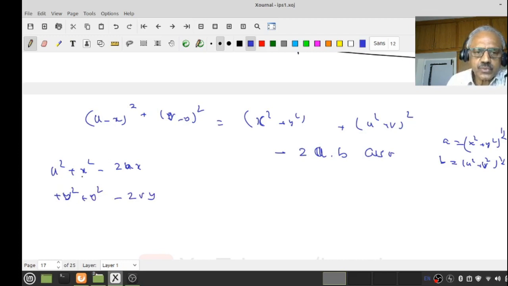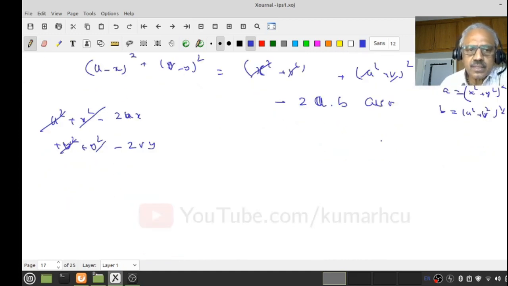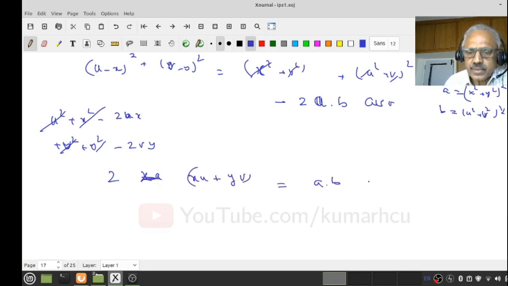So you can see x squared is common here, u squared is common, and y squared goes, v squared goes. Therefore what do I get? I get 2 times (xu plus yv) equal to 2ab times cos theta.